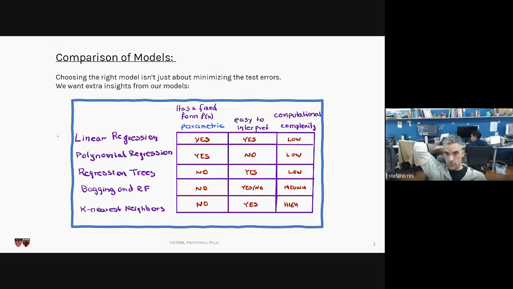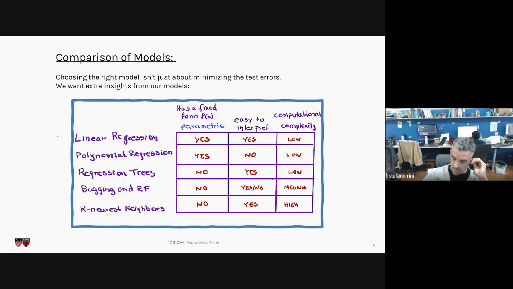So we want to do a model comparison. Here we have all the models that we have seen so far in class: linear regression, polynomial regression, regression trees, Bayesian and random forest, and k-nearest neighbor. You can see a little bit of a comparison of these models now. Which ones are parametric, which ones are non-parametric?